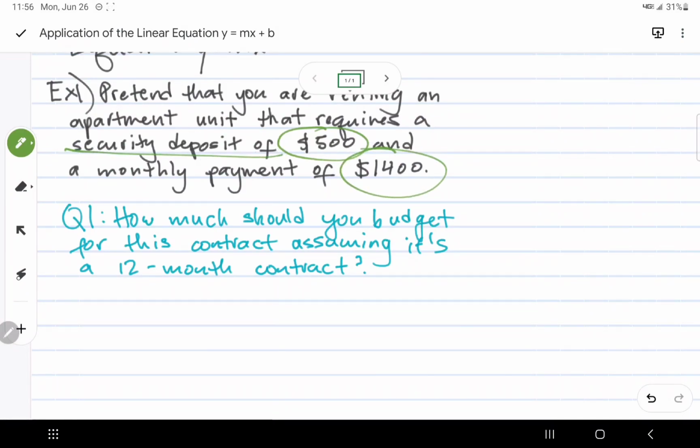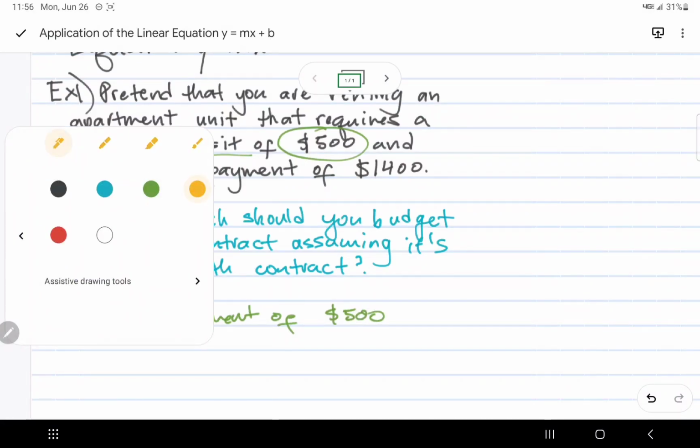So the security deposit here, I'm just gonna erase this. The security deposit is a one-time payment. So that means one-time payment of $500.